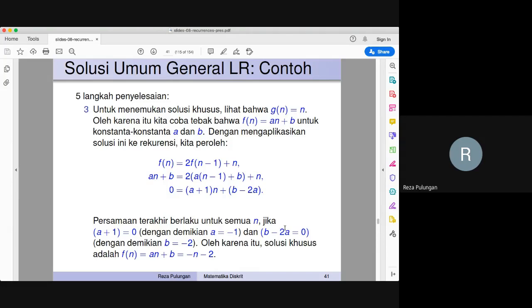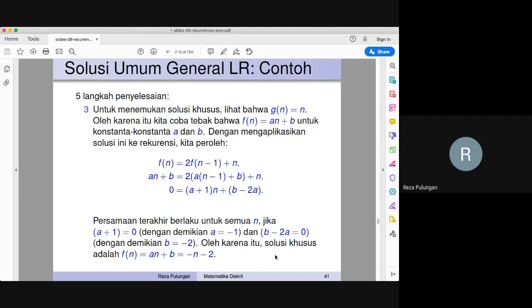So that means b is equal to minus 2. Therefore, the special solution is fn equal to an plus b. This is our guess. Just replace a by minus 1, so minus n minus 2.